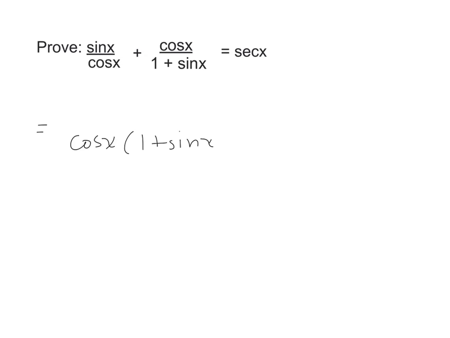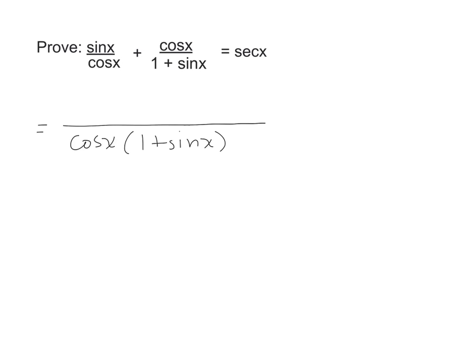And I'm not even going to bother to expand it in the denominator because I think I'm actually going to want it in factored form. Because I can already see where the answer is going to come from. Right now I have a cosine x on the bottom. I want a cosine x on the bottom so that it'll equal secant x in the end.